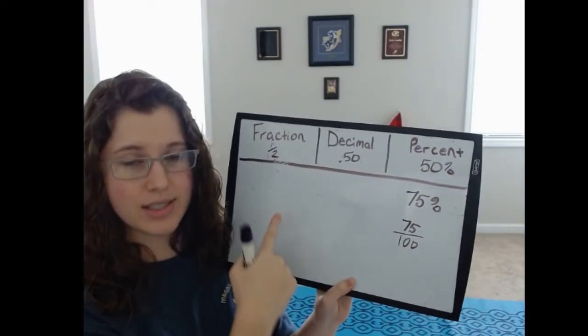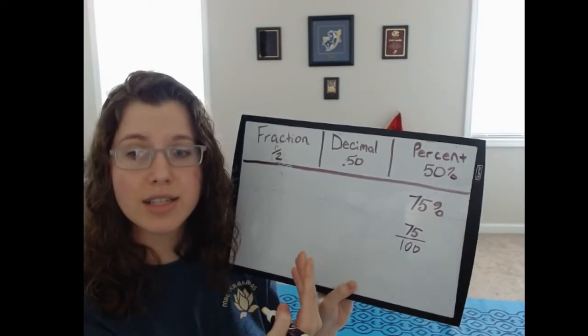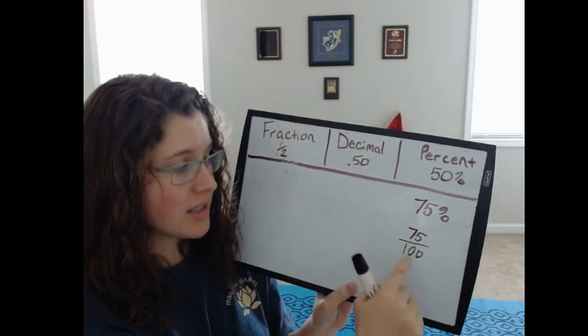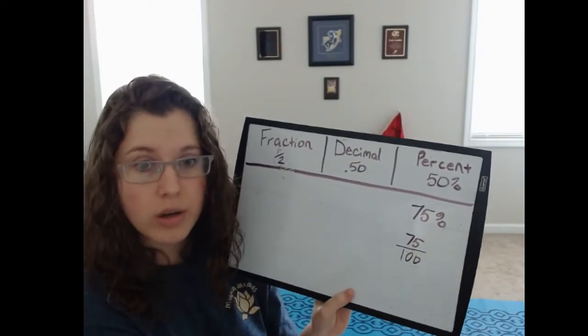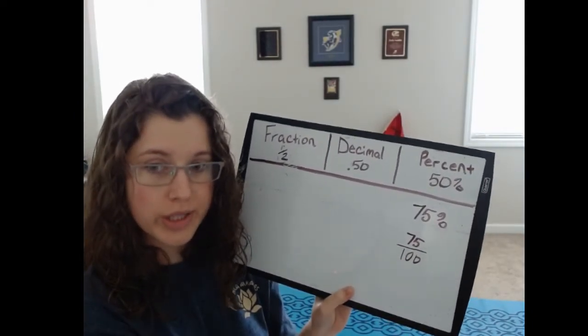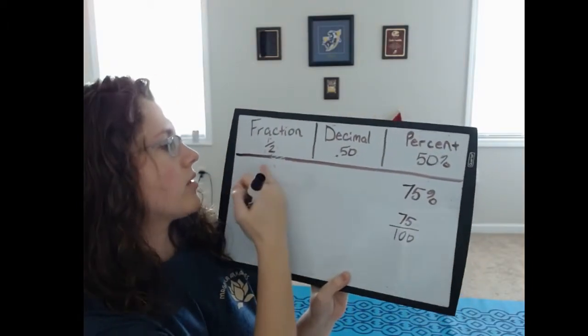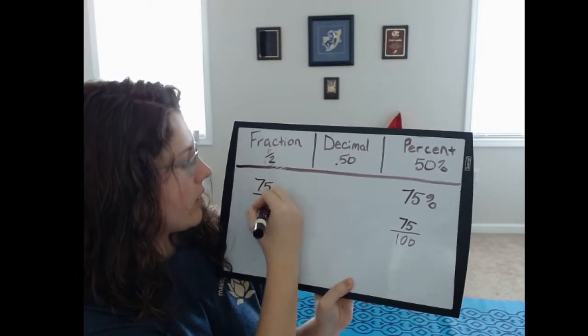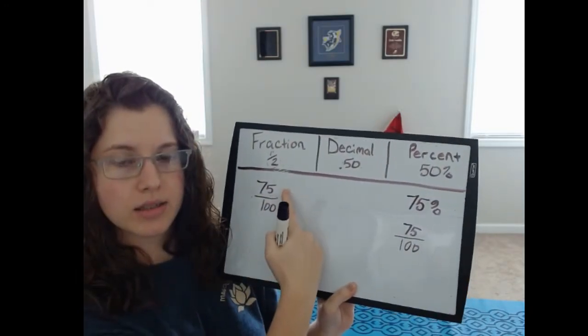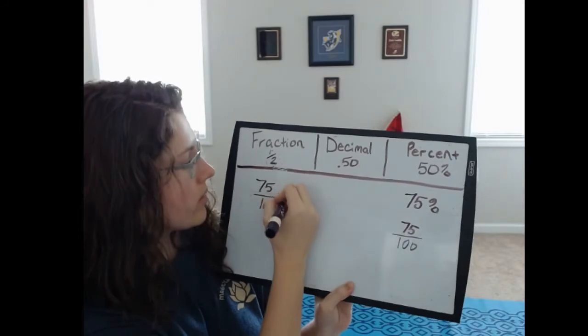But if you were giving this answer on some kind of test, it wouldn't fly because that's not the simplest form. So you'd have to think of what could go into both numbers to reduce them. I'll scooch it over here so we can see better. Well, I know that 5 can go into both numbers easy because 5 can go into 75 and 100.